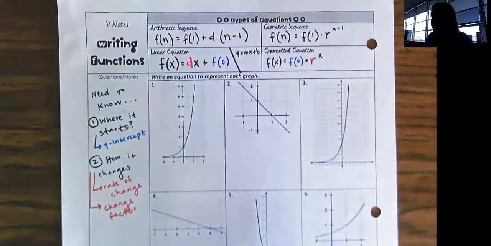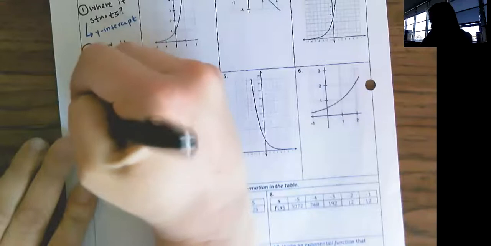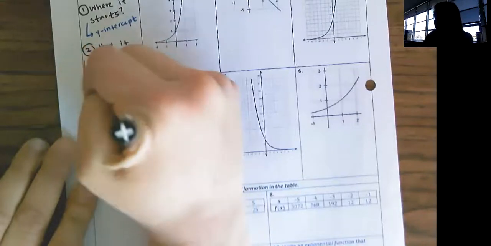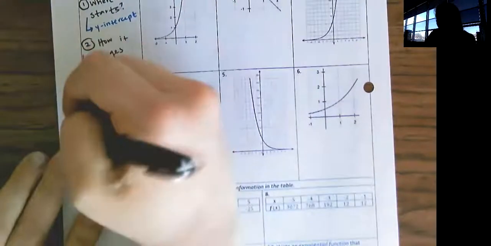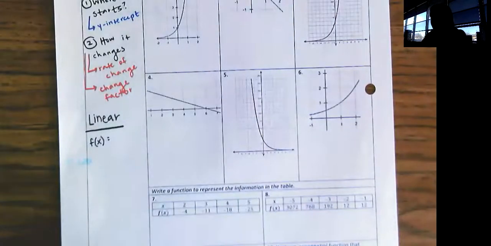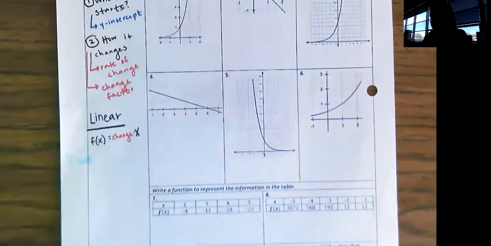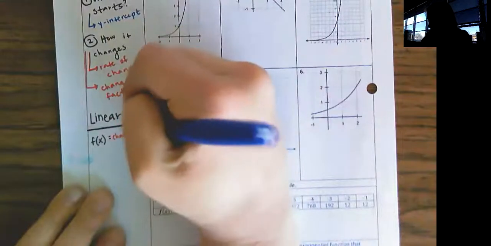So you find where it starts, you find how it changes, and then when it is a linear equation, you can say that f of x equals, and on this one we do the change times x plus the start.